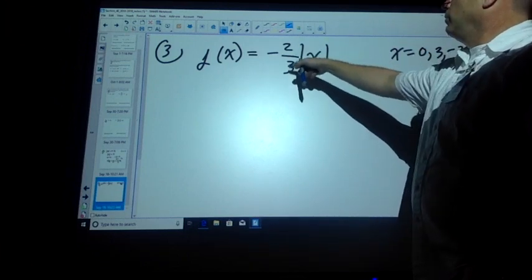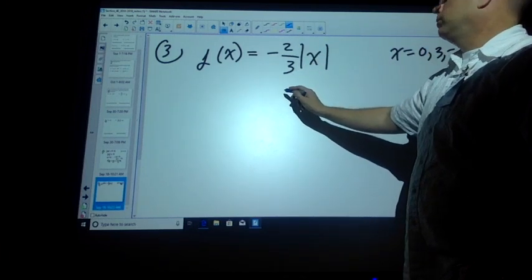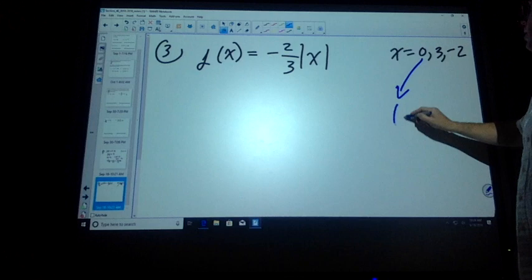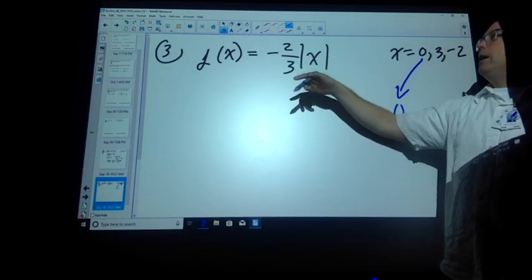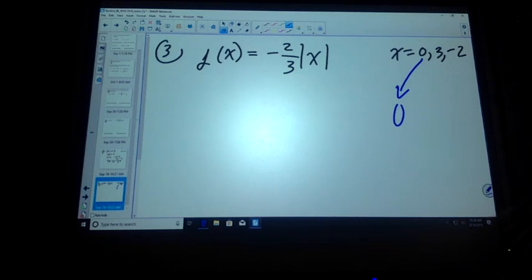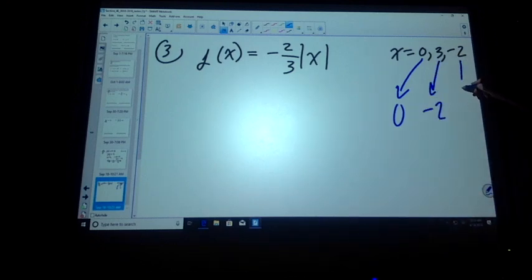Plug 0 in. Negative 2/3 times 0 is 0. Plug 3 in. Absolute value of 3 is 3. Negative 2/3 of 3 gives me negative 2. Still with me? Yep. Plug negative 2 in. Absolute value of negative 2 is 2. 2 times negative 2/3 is negative 4/3. Done.